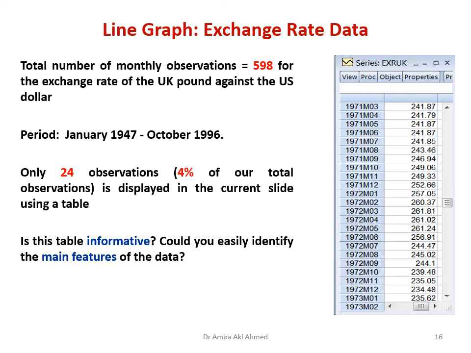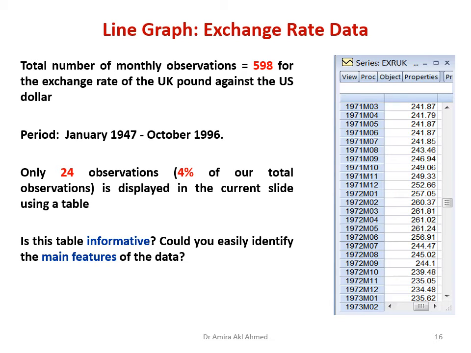Here we have a dataset of 590 observations. This dataset includes monthly observations of the exchange rate of the UK pound against the US dollar over the period from January 1947 to October 1996.